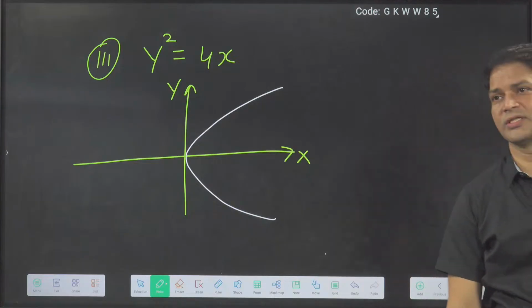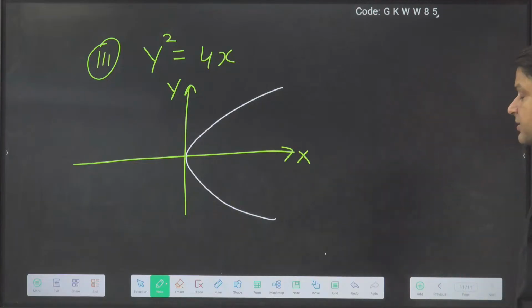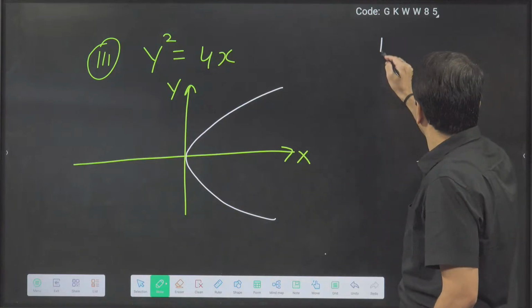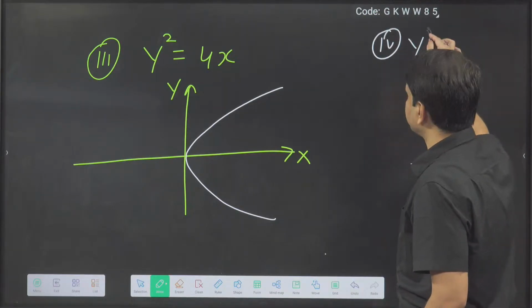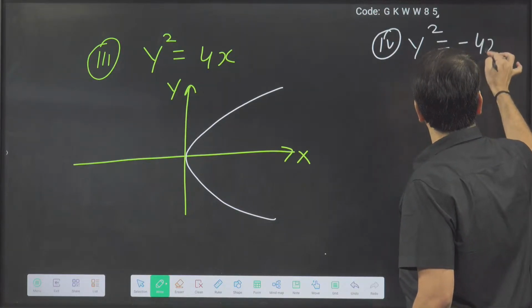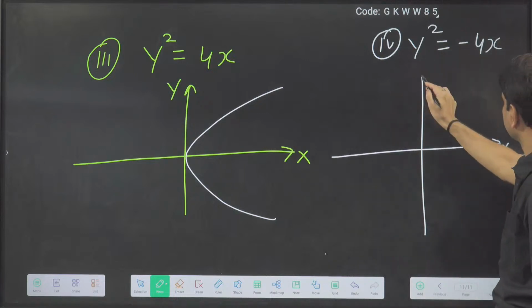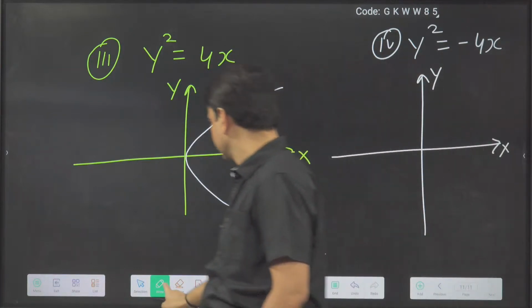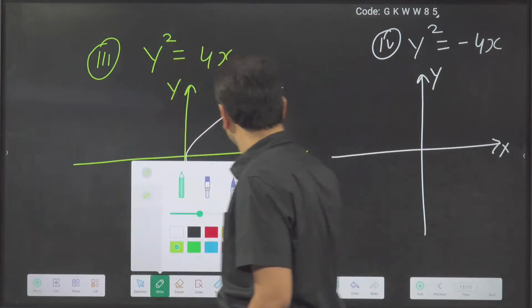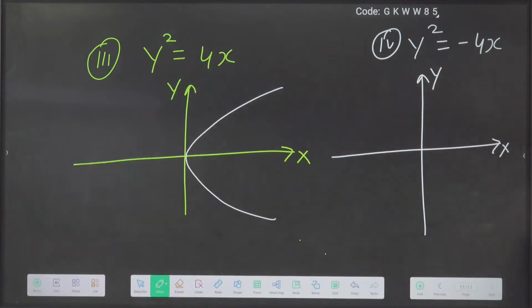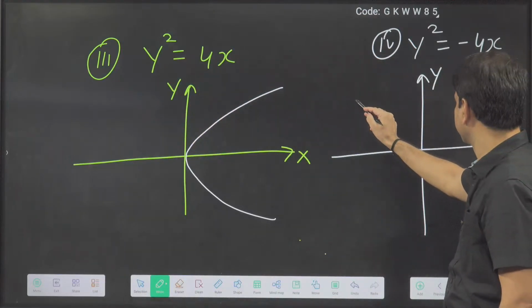So this is what? Y square is equal to minus 4x. Suppose I gave this. Now I gave minus, so I will reverse it.